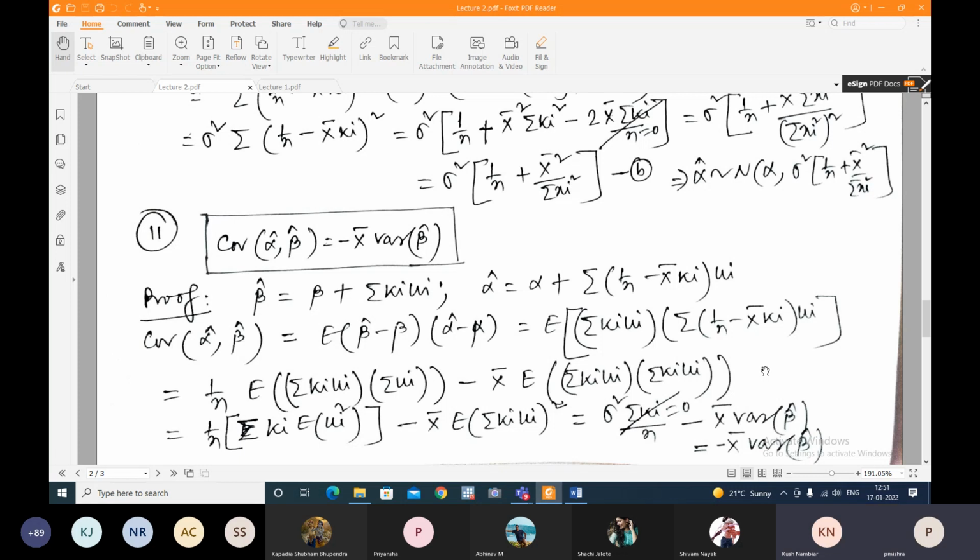That means what? Alpha hat may not be exactly equal to alpha, but it will approach alpha when n tends to infinity.